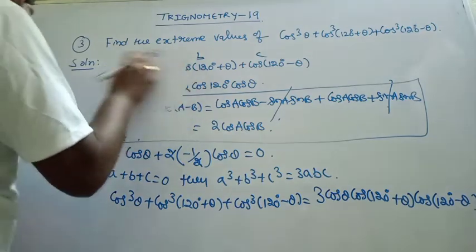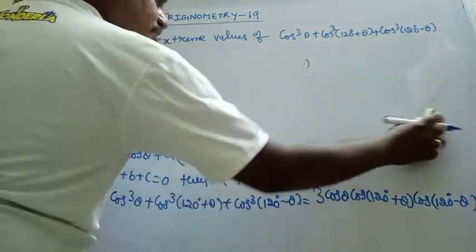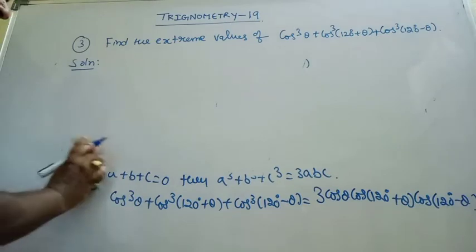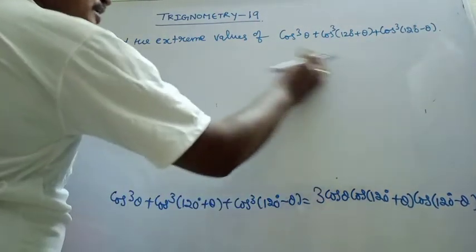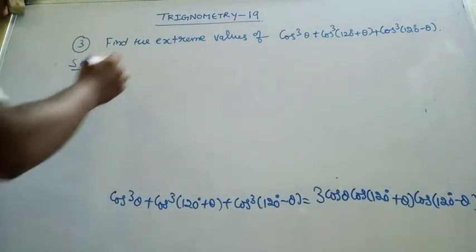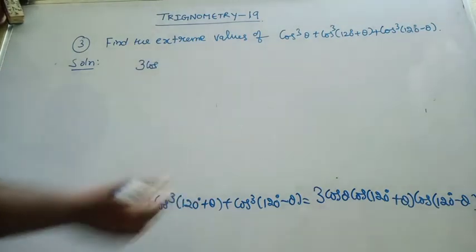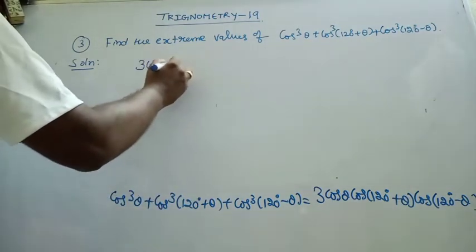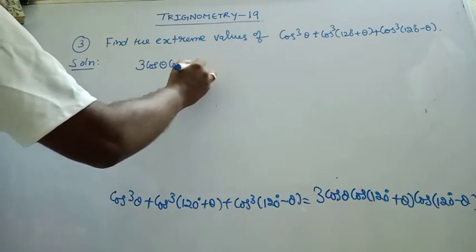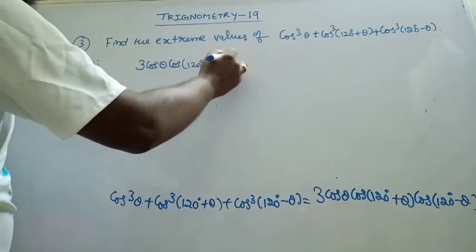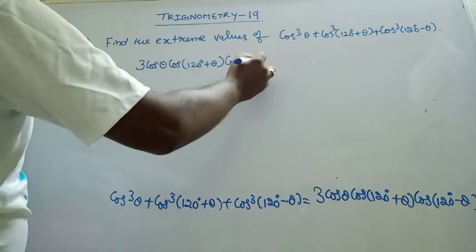Now let us get its value. We need 3 into cos theta, cos(120 degrees plus theta) into cos(120 degrees minus theta).